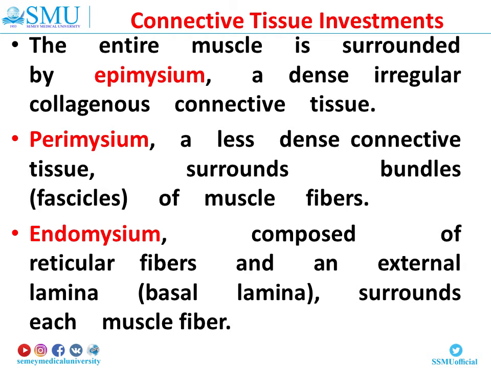Endomysium, composed of reticular fibers and an external lamina, surrounds each muscle fiber. Because these connective tissue elements are interconnected, contractile forces exerted by individual muscle cells are transferred to them. Tendons and aponeuroses, which connect muscle to bone and to other tissues, are continuous with the connective tissue encasements of muscle and therefore act in harnessing the contractile forces for motion.